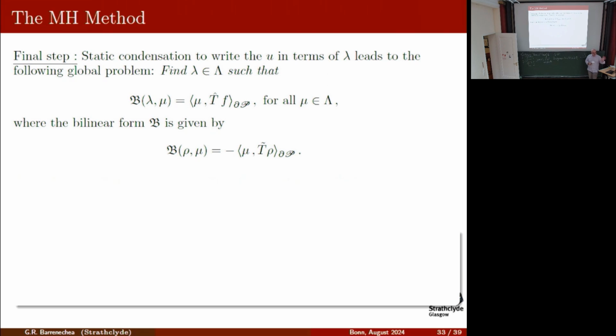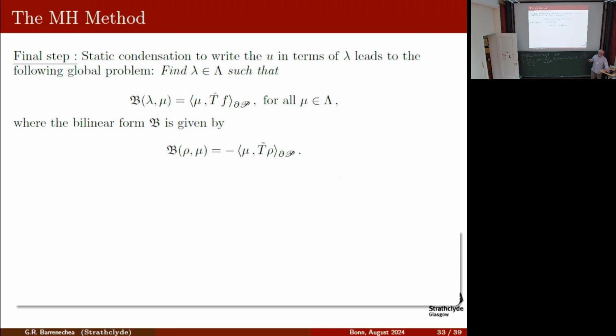And since we do that, we can do exactly the same static condensation process I told you half an hour ago now, but without having to take care of the kernel. And we end up with a weak formulation that only involves the Lagrange multipliers now.